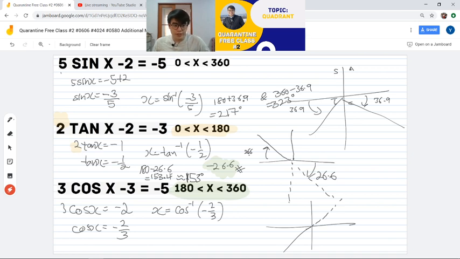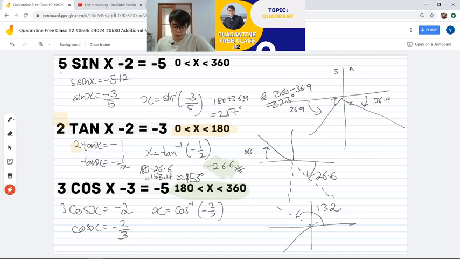So for you to trace the results of this, you should get cosine inverse. You will get 131, or you can just take it as 132 if you want.